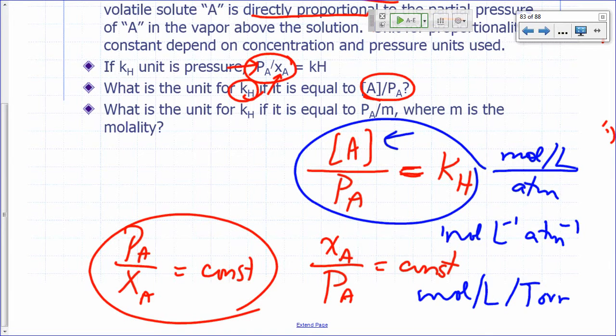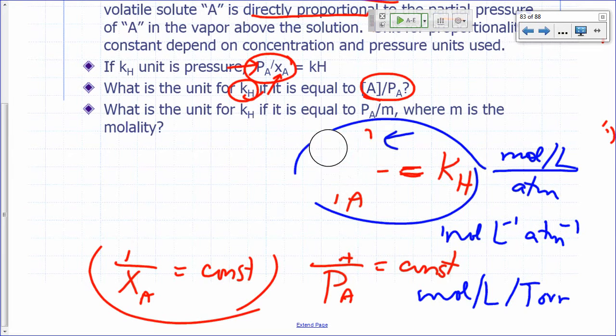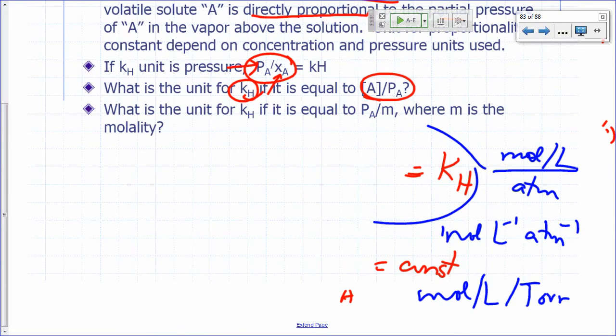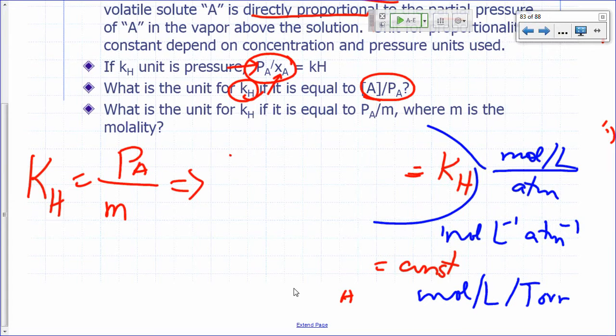What would be your unit if your expression is pressure over molality? If your Henry's law constant is given as the ratio of pressure to molality, what's the unit for pressure? Torr or atmosphere, right?